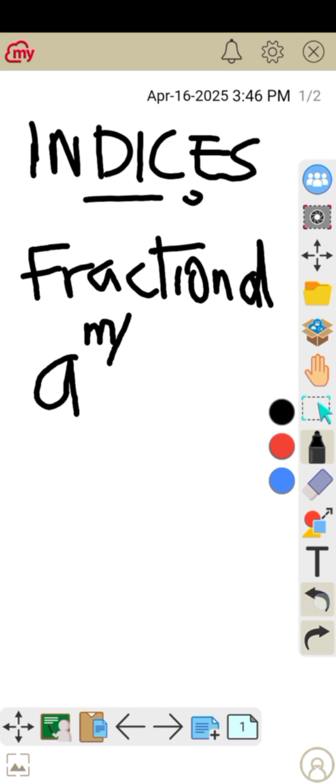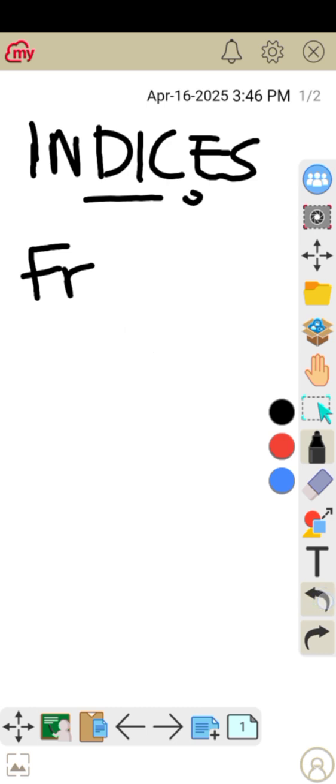So these are known as our laws of indices. We must have the basic understanding and how to apply these laws before we can move into the aspect of exponential equation.